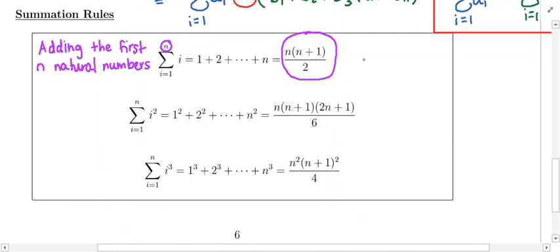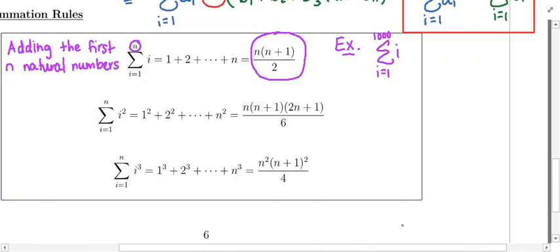So let me show you an example. Let's add up the first 1,000 counting numbers. In summation notation, this would be the sum from i equals 1 to 1,000, and the expression would just be i. So again, if you translated that, that's 1 plus 2 plus 3 plus all the way up to 1,000.